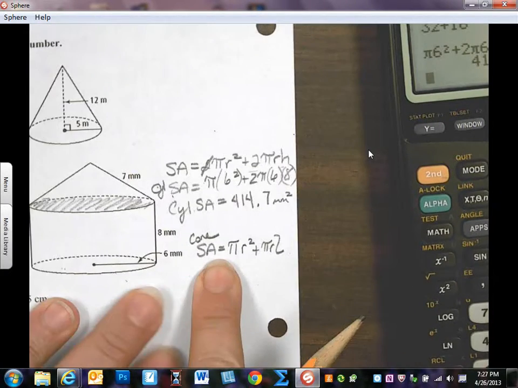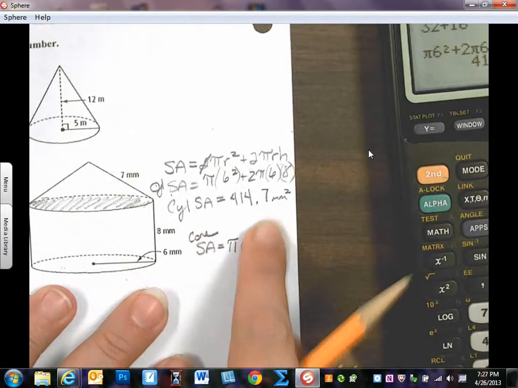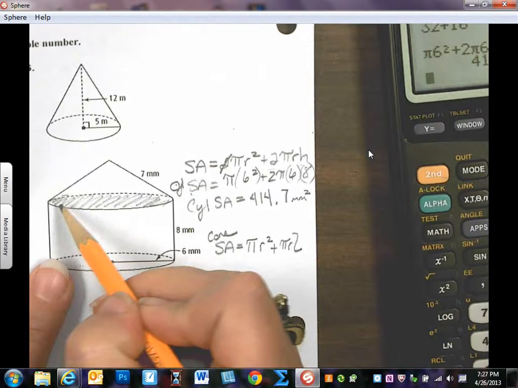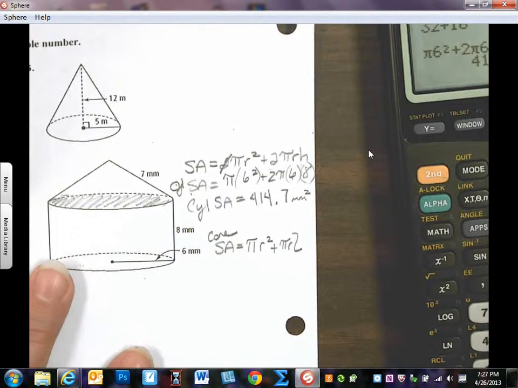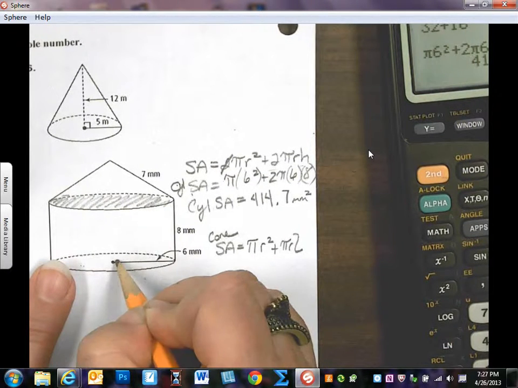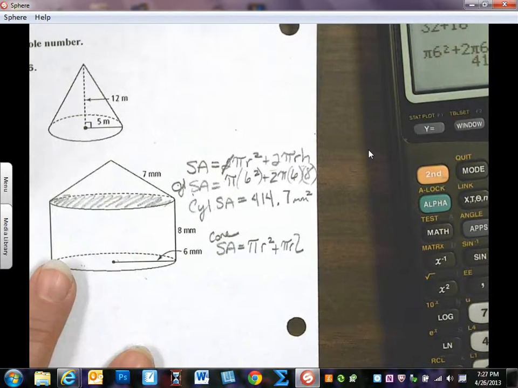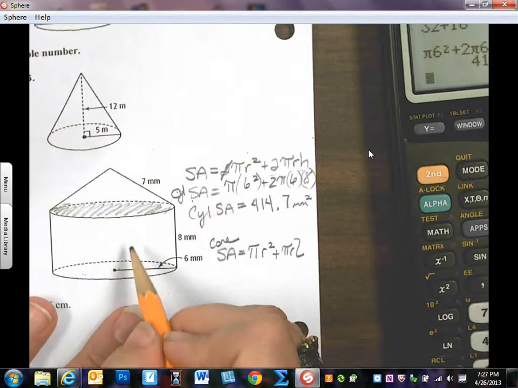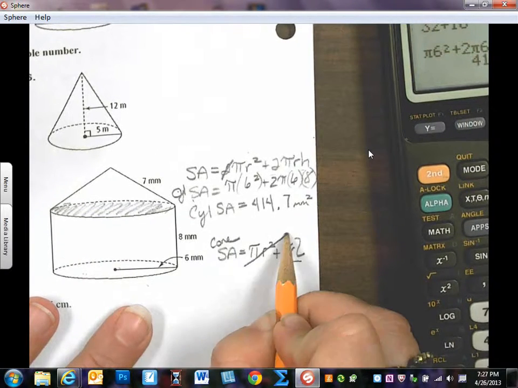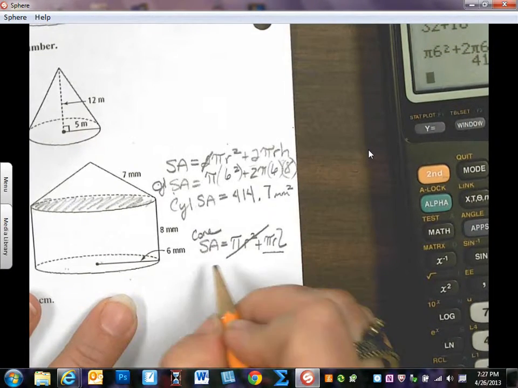So we found the surface area of the cylinder, and now we're going to find the surface area of the cone. The problem is, once again, this circle is no longer part of my problem. I still have the same radius, obviously, but I'm not going to be finding that. So really, we're finding the lateral area, which is this. So I'm going to drop that, and let's find what it is.